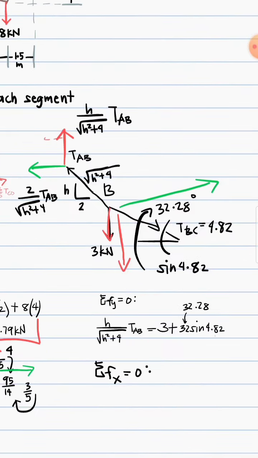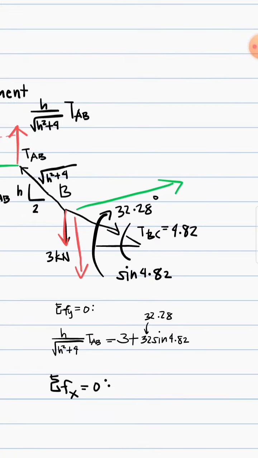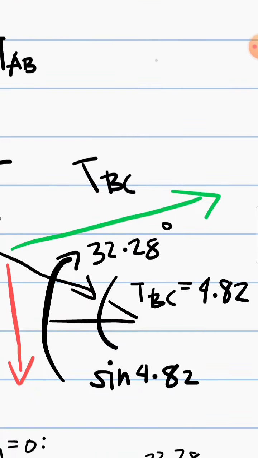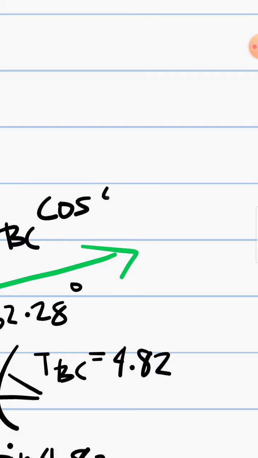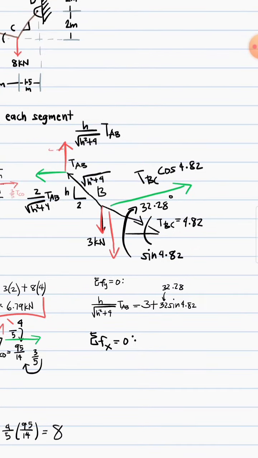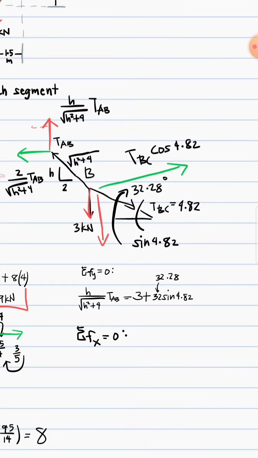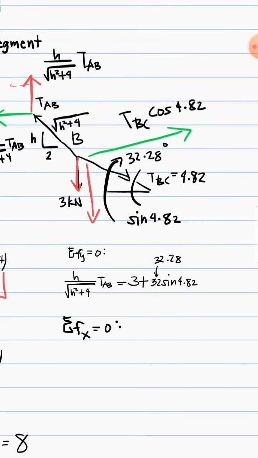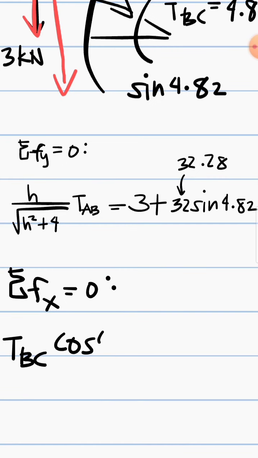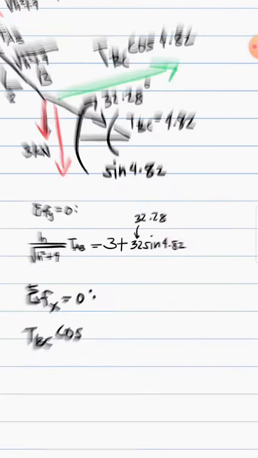And here, this horizontal is adjacent to our angle, so TBC cos 32.28. Right? And so, rightward force is equal to leftward force.